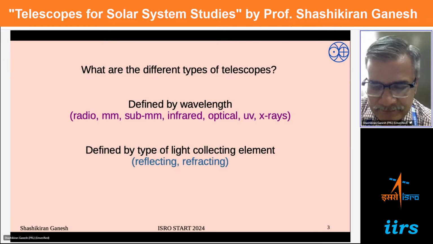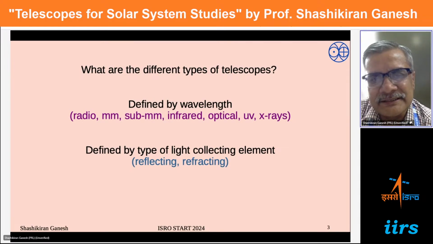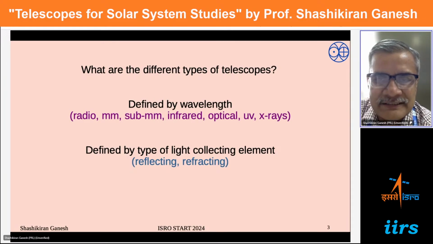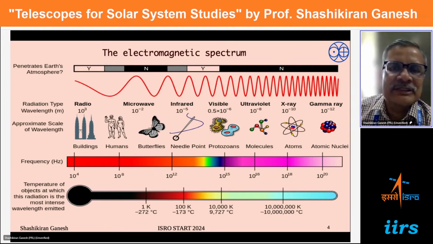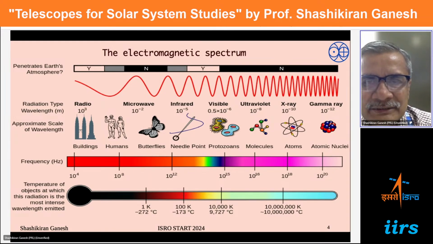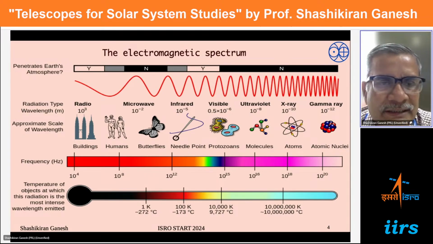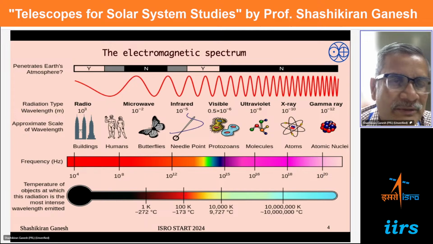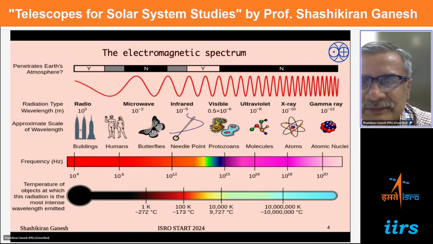Okay, so now let's look at what are the wavelengths of electromagnetic radiation that come from celestial bodies. Okay, so from any of the objects in the universe, you can expect wavelengths of the electromagnetic spectrum right from radio, which comes to about a few thousand kilometers of wavelength, right down to gamma rays, where the wavelength is much smaller than an atom, 10 power minus 12 meter.